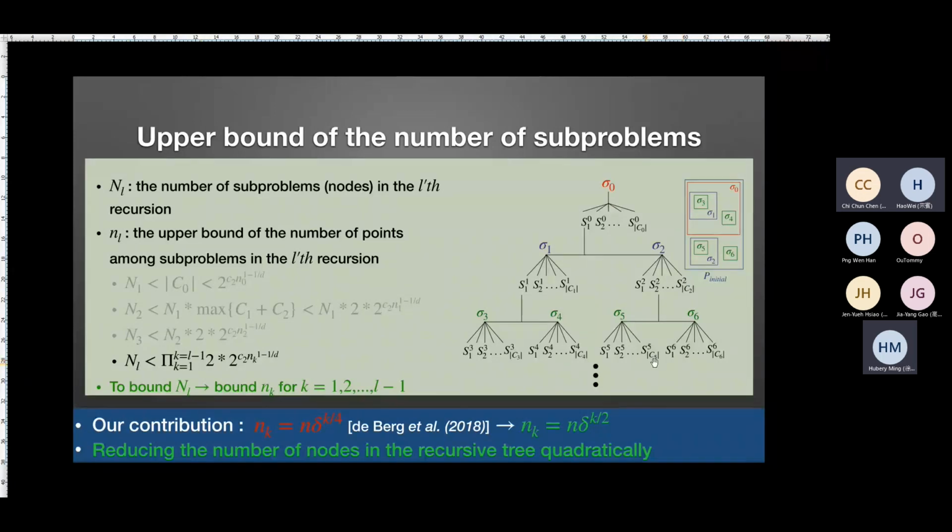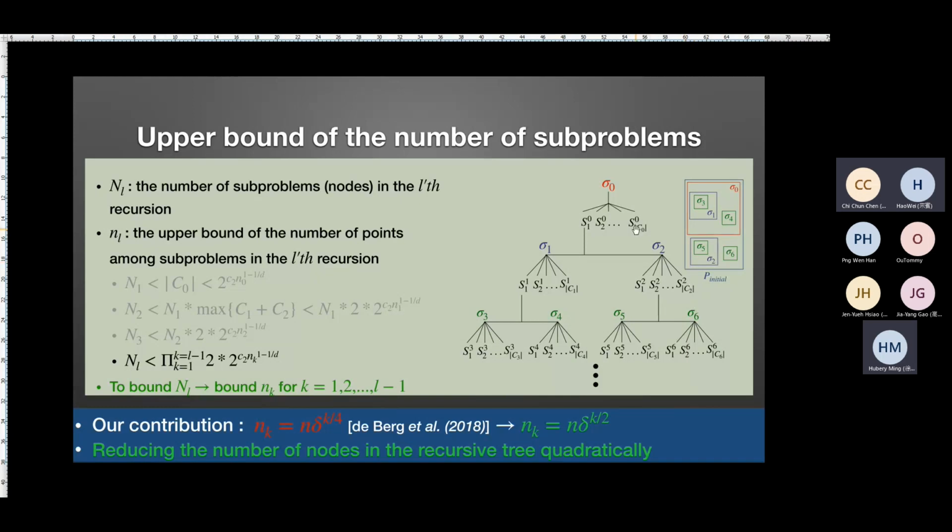L's recursion could be bounded by knowing the upper bound of the number of points among previous recursions. Notice that N_L is the upper bound of the number of points among the subproblems.